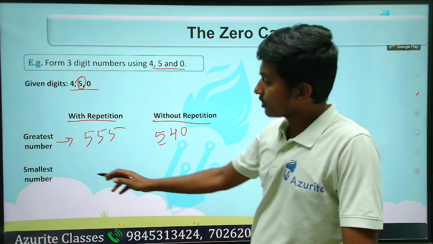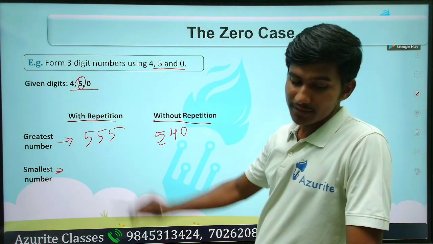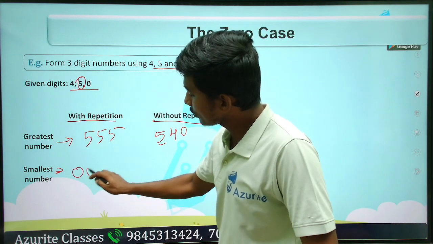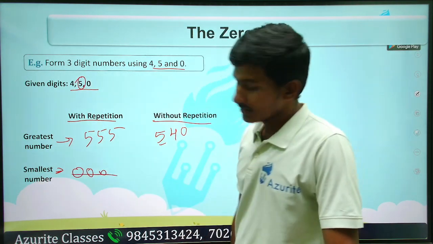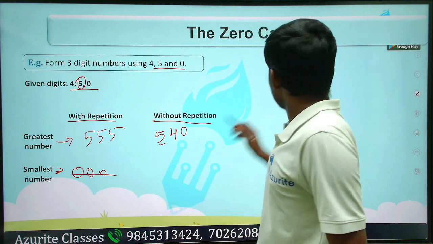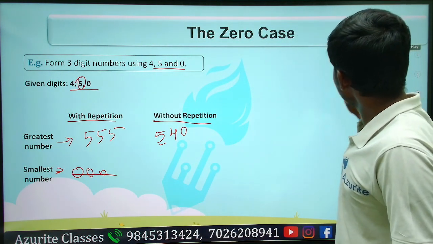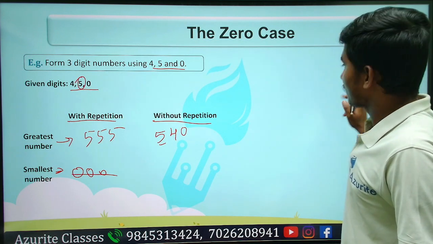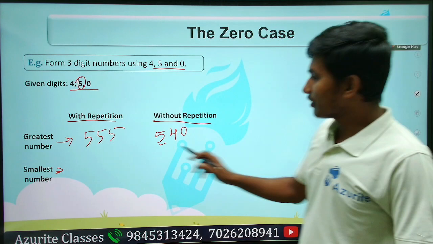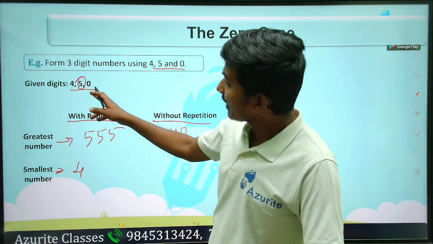So for the smallest number, which is the smallest? 0 is the smallest, but if you write 0, 0, 0, it will not be a number. So what we have to do? The answer will be 400. First we have to write 4, after that we can write 0, 0.